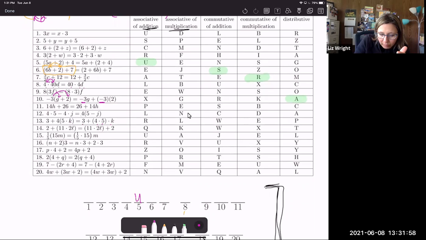You're going to say the parentheses moved this direction because that's what they did. They used to be here and now they're going around the 4 and the 5. That's the associative property. What operation did they move across? Multiplication. So we're going to say associative of multiplication.